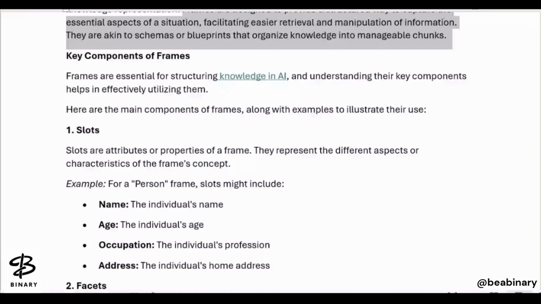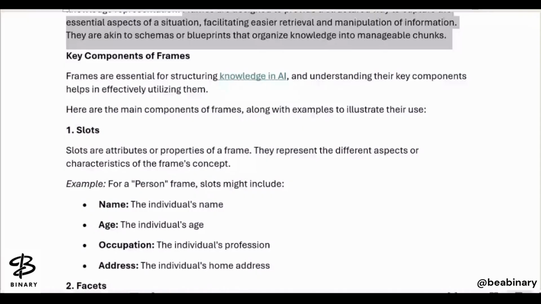The first key component is slots. Here are the main components of a frame along with examples to illustrate their use. Slots are the attributes or properties of a frame, such as the size of a restaurant. So basically we are talking about the attributes of a particular restaurant.